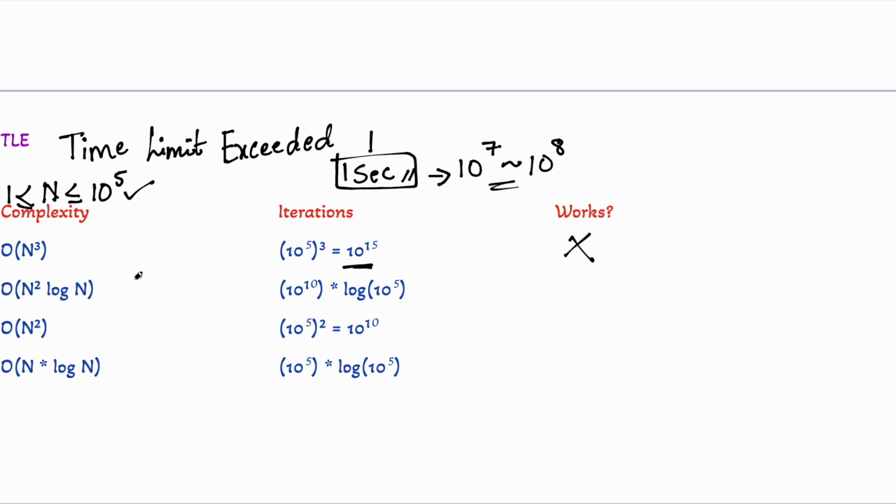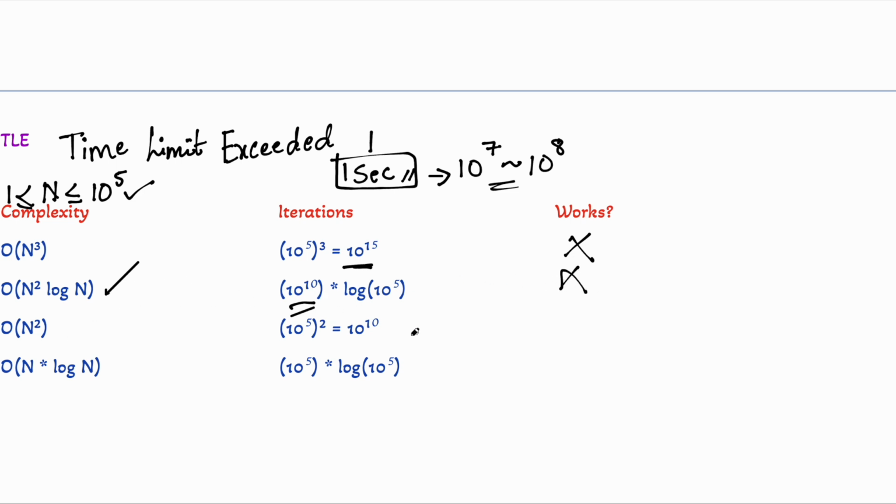And if we take an algorithm of time complexity n square log n, it becomes n square with 10 power 5 squared, and then log 10 power 5. Here itself, this is not less than or equal to 1 second, so this will also not work.